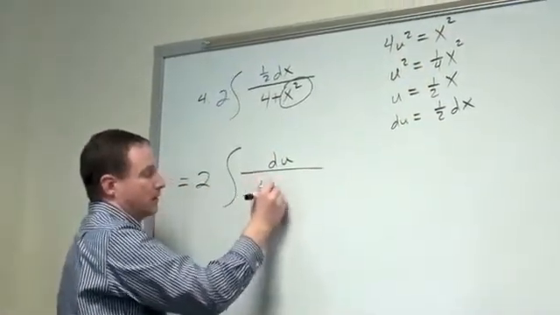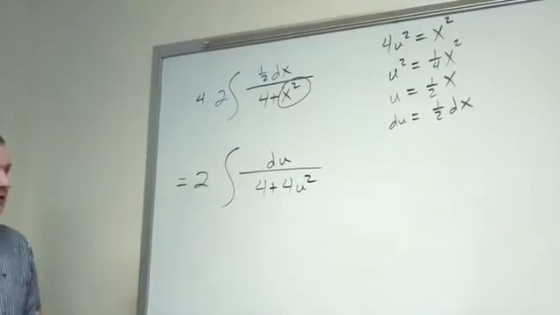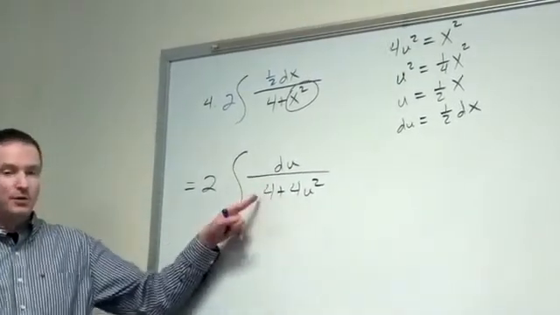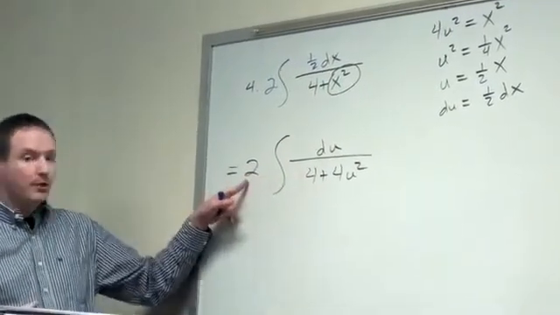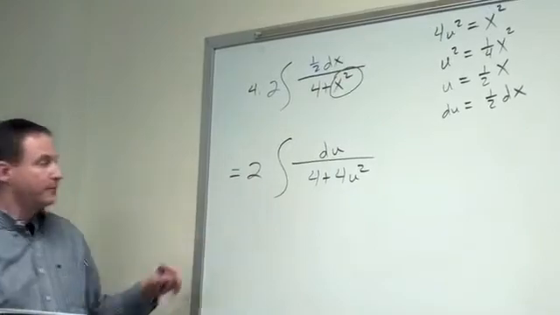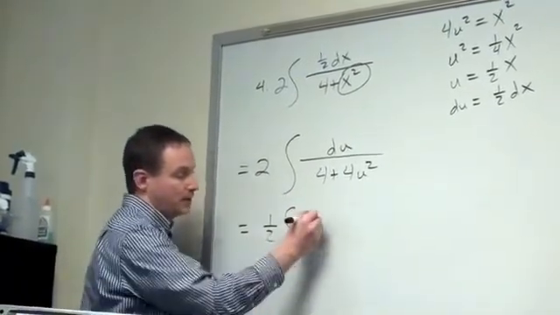Now I can say, okay, all I have to do is factor a 4 out of the denominator. That 4 gets pulled in front, becomes 2/4. So I'll say 1/2 the integral du over 1 plus u squared.